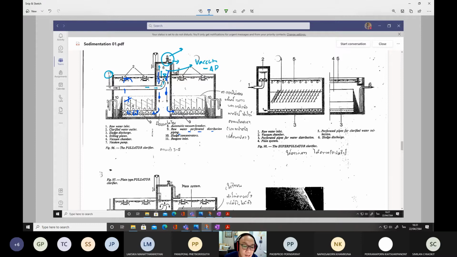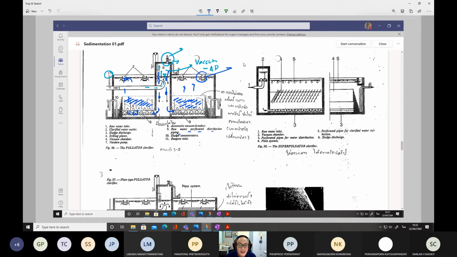Here it is also a sludge blanket, so we maintain a high concentration of sludge. The high concentration of sludge actually acts as the filter media. All the fine particles will be captured, the same as I explained in the case of the accelerator. Then the water moves up and is collected at the effluent launder.